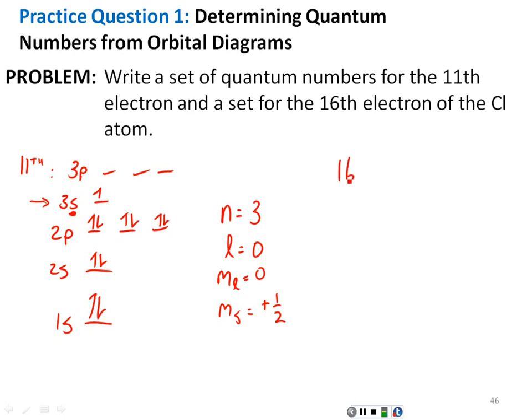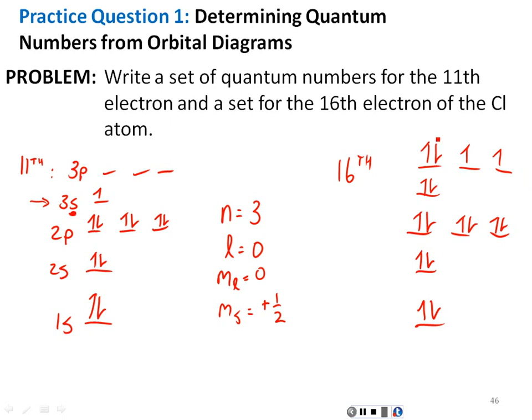Now let's try the 16th. So I'm not going to label the orbitals. I'm just going to draw them in. 1, 2, 3, 4, 5, 6, 7, 8, 9, 10, 11, 12, 13, 14, 15, 16.